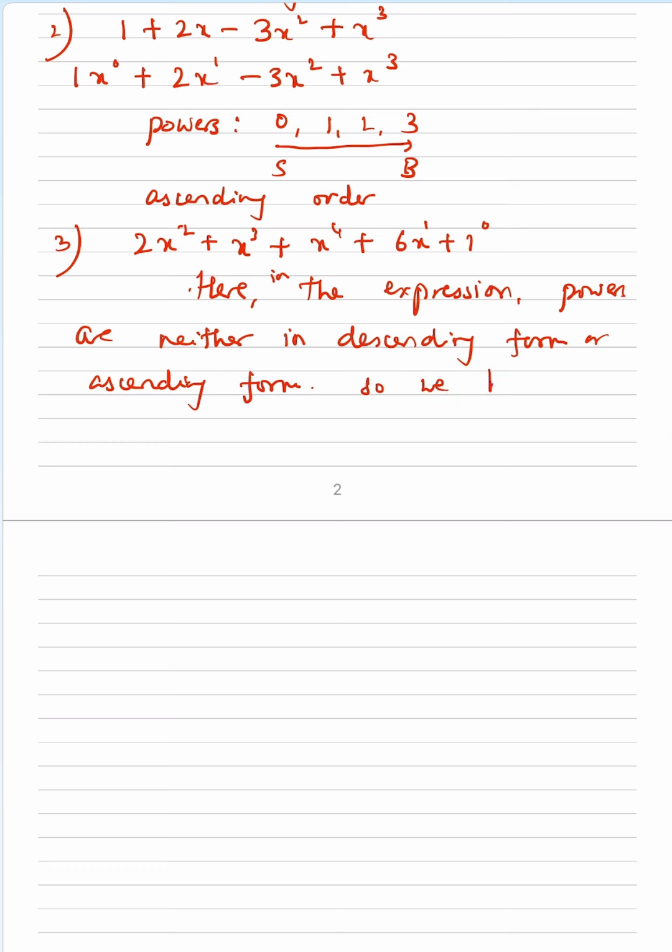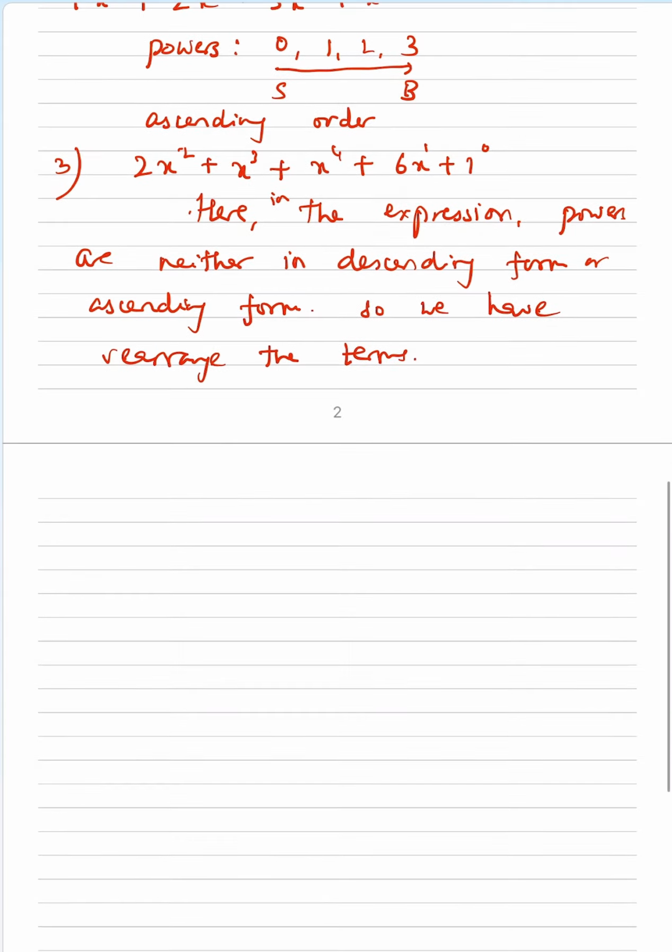So we have to rearrange the terms. Now let us rearrange the terms.